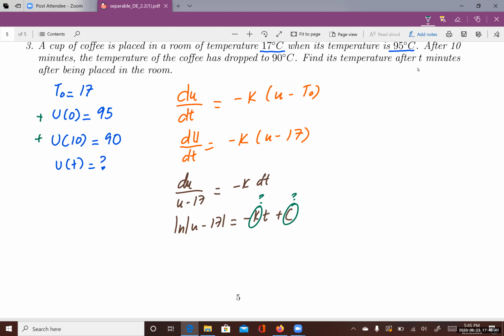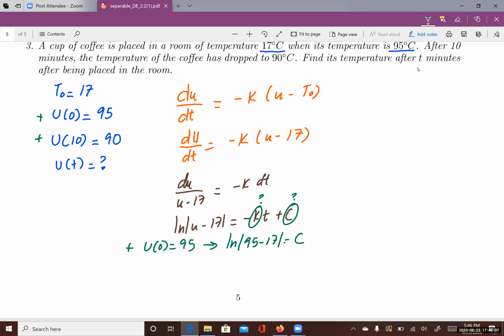The first point is when t equals 0, u equals 95. Using this point, I plug t equals 0 in here, and you get natural log of 95 minus 17 equals c.